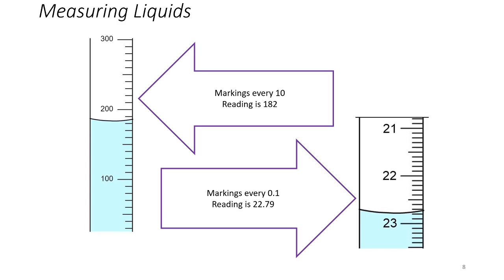So we can see the meniscus is between 22.7 milliliters and 22.8 milliliters. I think it looks really close, but not quite at 22.8. So I would report my measurement as 22.79 milliliters.